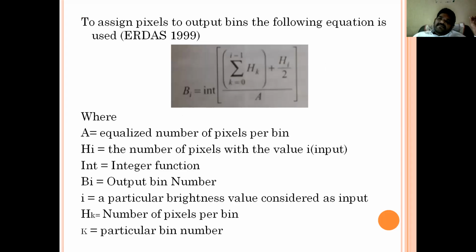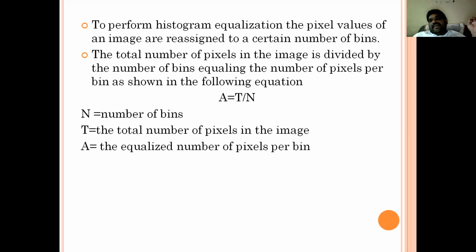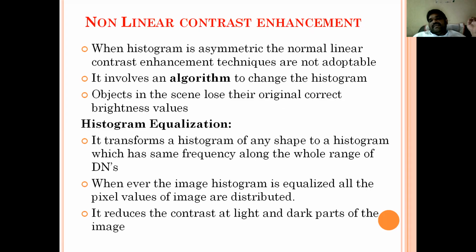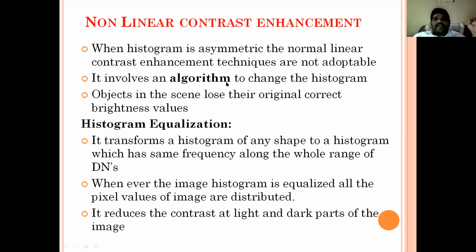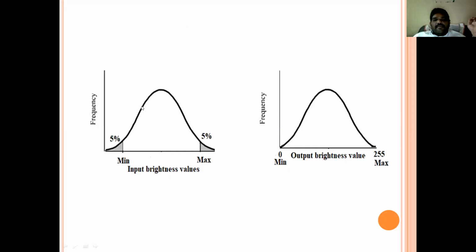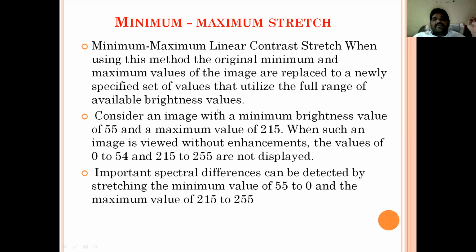You must remember this equation. Here, keep in mind, we are doing histogram equalization. This is the histogram. The graphical representation of brightness values of an image is called a histogram, right?